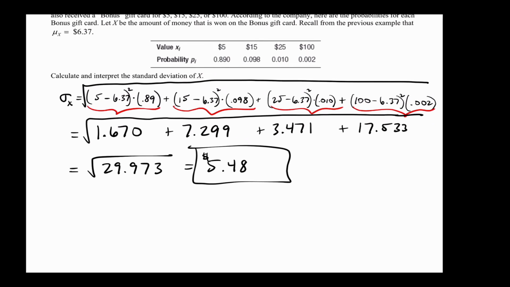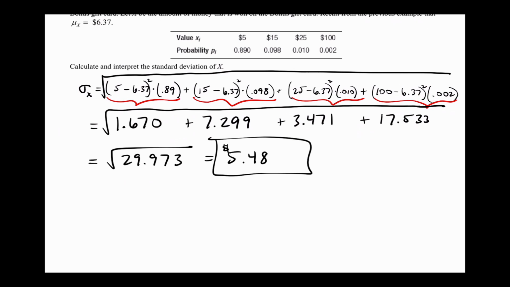So here we go. How do we interpret standard deviation? So what is standard deviation? We've done this many times, we just haven't done it in a while. The average distance or the average difference of what, from what? From the mean. Yeah, the average distance that all of the random variables are from the mean.